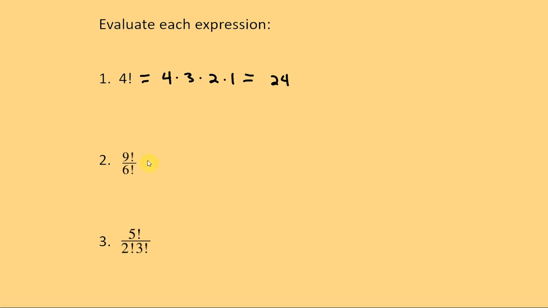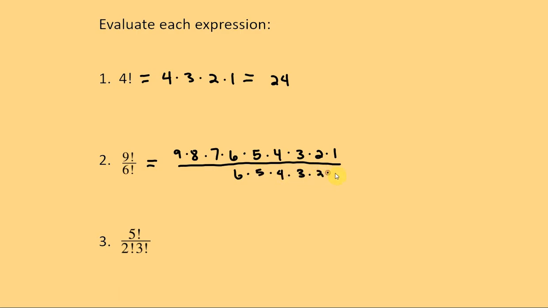To get 9 factorial divided by 6 factorial, you can either write it all out. So that would be 9 times 8 times 7 times 6 times 5 times 4 times 3 times 2 times 1 divided by 6 factorial, which is 6 times 5 times 4 times 3 times 2 times 1.